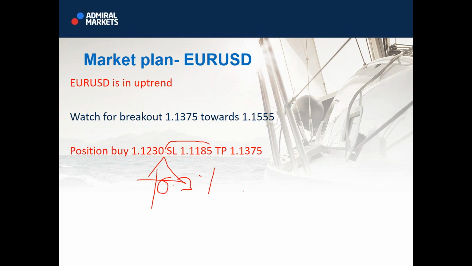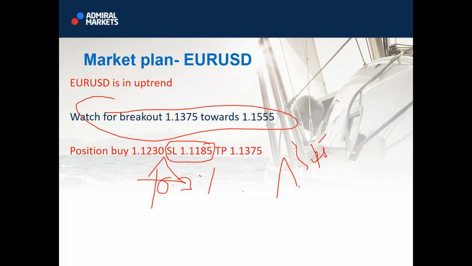If this level holds, we should see maybe a retest of this level. But this is the trade that currently is on. The price is in the zone. So let's see. And only, I remind you, only if it breaks 1375, the door towards 1555 will be open. But only then. Okay, so this is euro dollar.